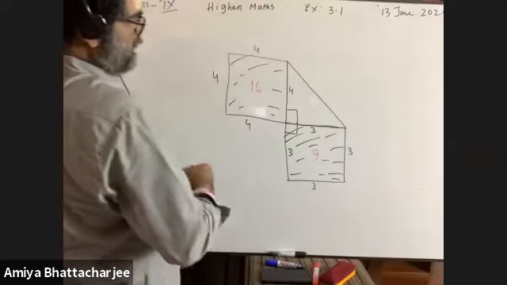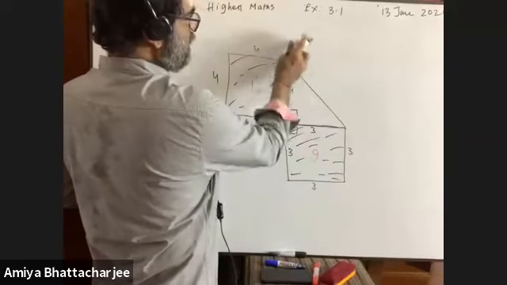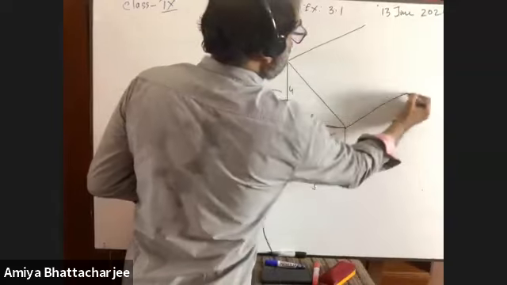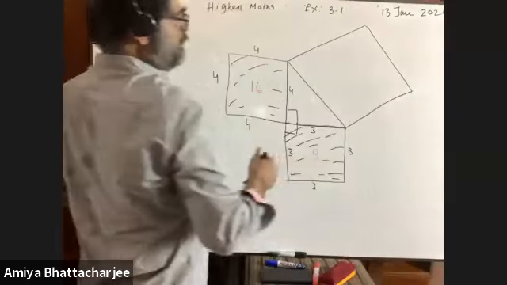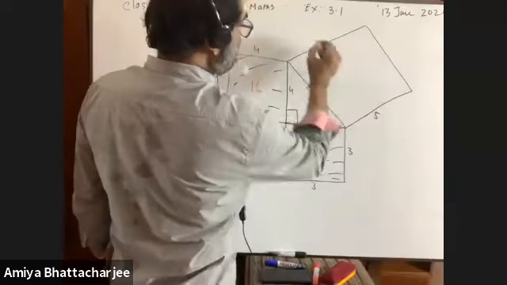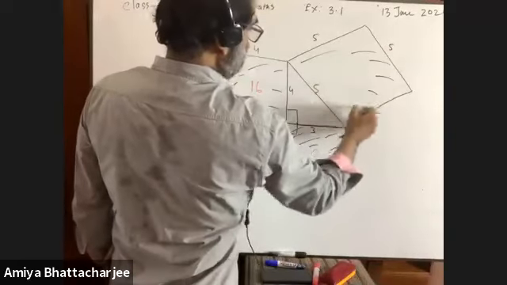Now, here we can also draw, by drawing a perpendicular here, we can draw a square like this. This type of a square can be drawn. Suppose it is 5, it is 5, it is 5. So its area will be what?